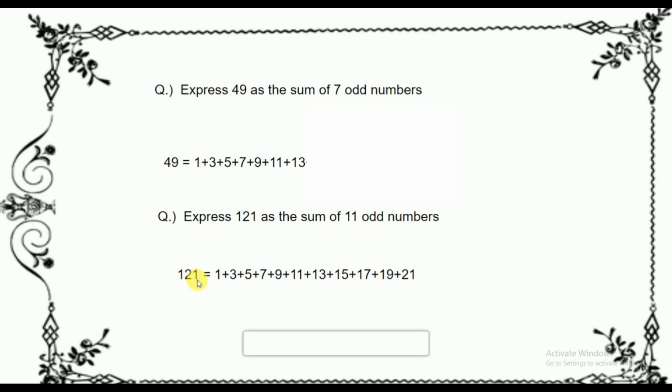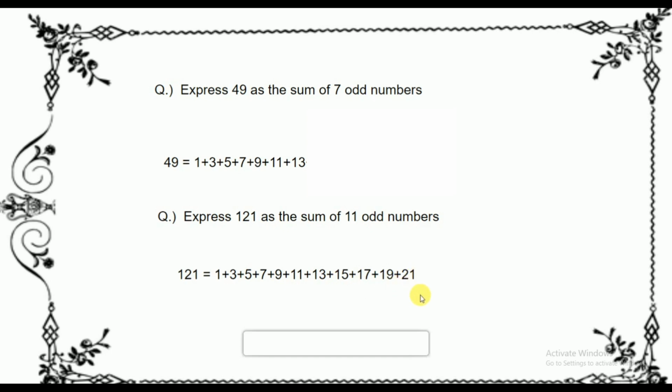So, we can write 121 as the addition of 1, 3, 5, 7, 9, 11, 13, 15, 17, 19 and 21, which are all odd numbers, and they are 11 in number: 1, 2, 3, 4, 5, 6, 7, 8, 9, 10, 11.